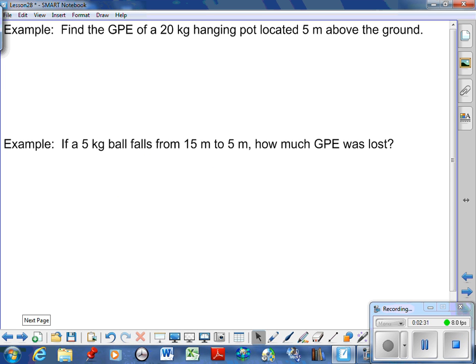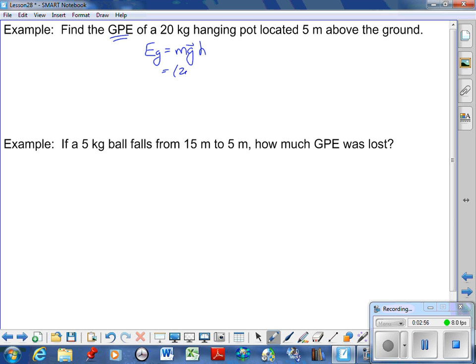So that being said, a couple of quick examples, and everyone gets excited when they get into this one because the algebra, the math, becomes a lot easier. Find the gravitational potential energy of a 20 kilogram hanging pot located 5 meters above the ground. Once you see GPE, you just go to your formula sheet and get Eg, and it's mgh, mass times gravity times height.